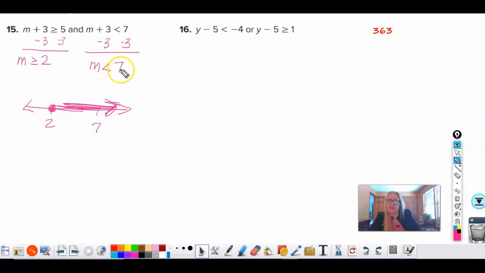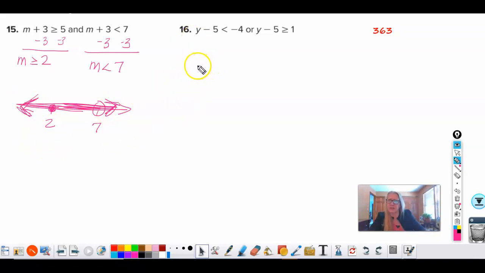And m is less than 7, okay? So you would have an open circle at 7, and you would have drawing this direction. So basically what this means is that all real numbers solve this equation, because once you've colored in 2, that takes care of 7 on out, and once you take care of 7, it takes care of, so it's all real numbers.